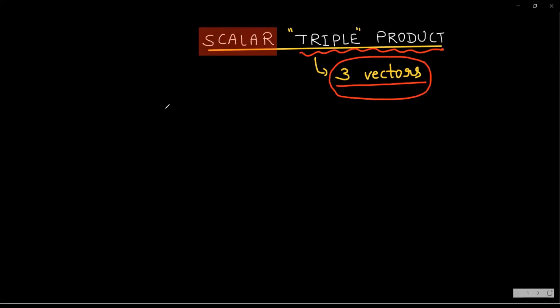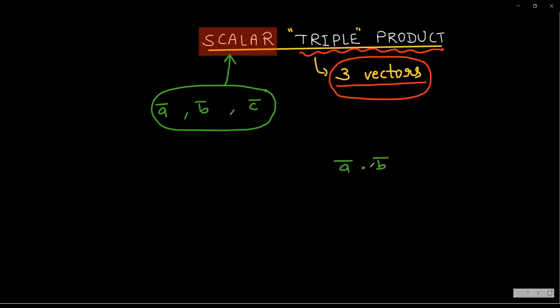For example, if I have A bar, B bar, and C bar as 3 vectors, I need to multiply them in such a way that finally I should get a scalar. So I will call this a scalar triple product. Now students, as you know, 2 vectors can be multiplied with each other to give you a scalar.